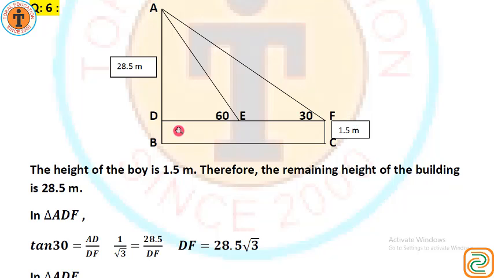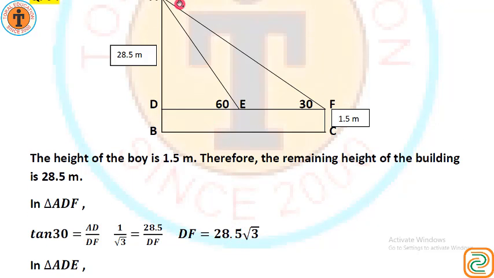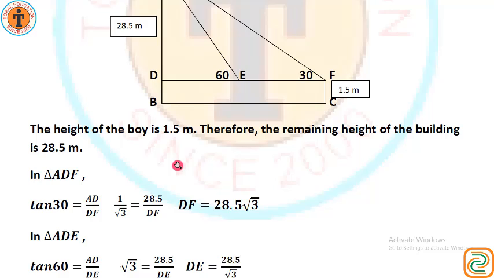So first we will find DF, then we will subtract DE, and we will get EF. tan 30 means 1 upon root 3, equals 28.5 upon DF. Therefore, DF equals 28.5 root 3.